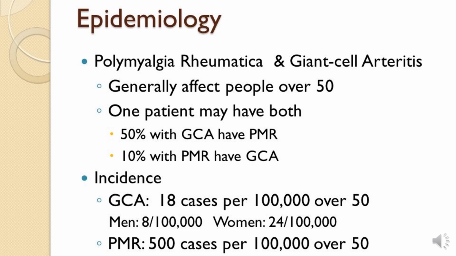Polymyalgia rheumatica is an inflammatory rheumatic condition characterized clinically by aching and morning stiffness about the shoulders, hip girdle, and neck. Polymyalgia rheumatica occurs in about 50% of patients with giant cell arteritis, and giant cell arteritis occurs in 10% of patients with polymyalgia rheumatica.